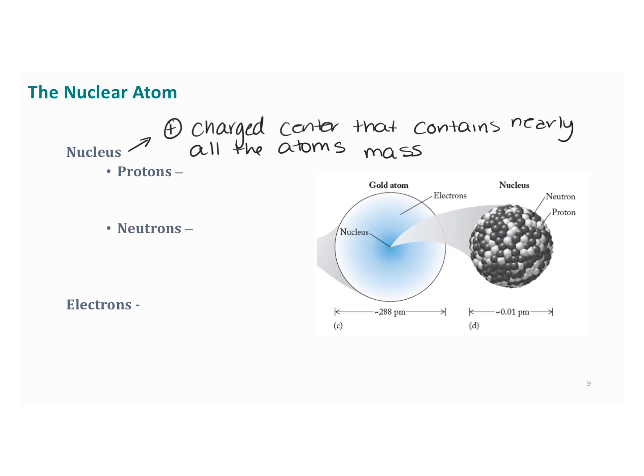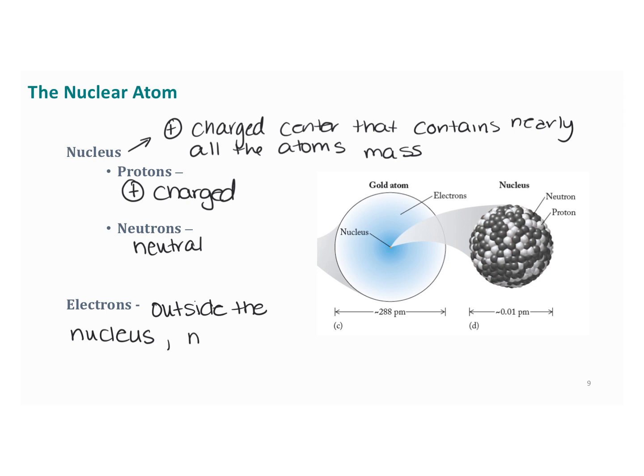There are two types of particle in the nucleus. There are protons, and these are positively charged. And there are neutrons, and these are neutral, so neither positive nor negative. And then we also have electrons. These are outside the nucleus. Right? And they are negatively charged.